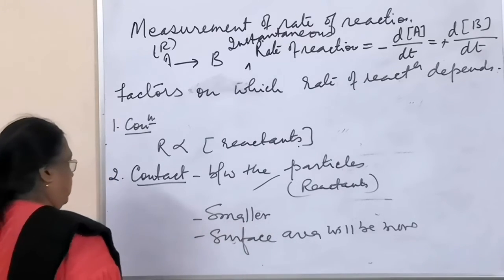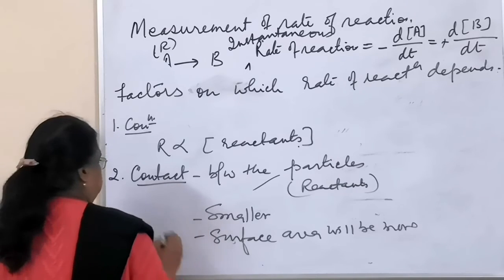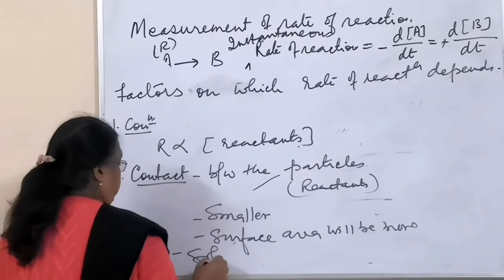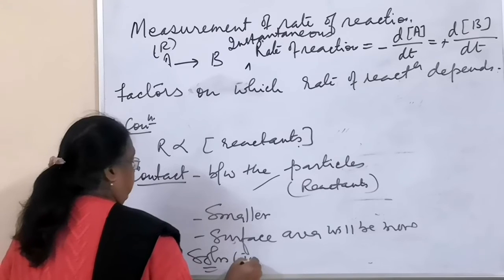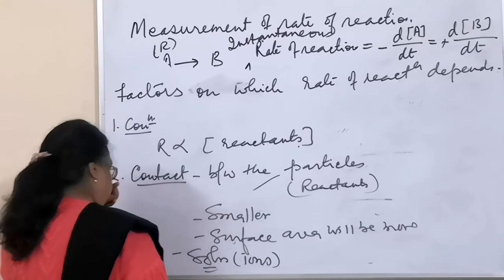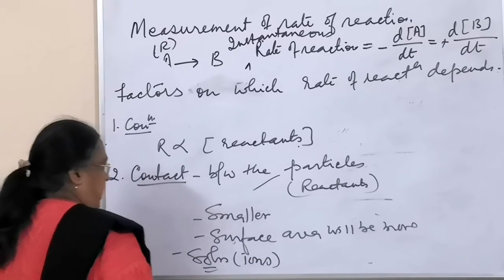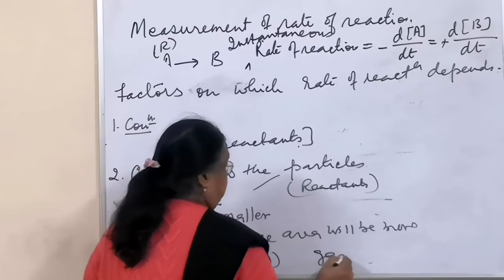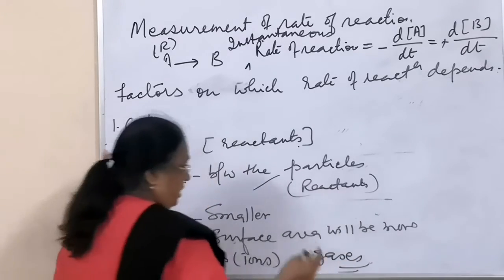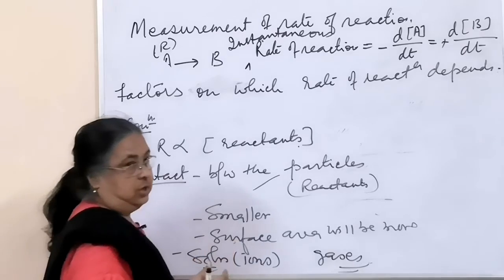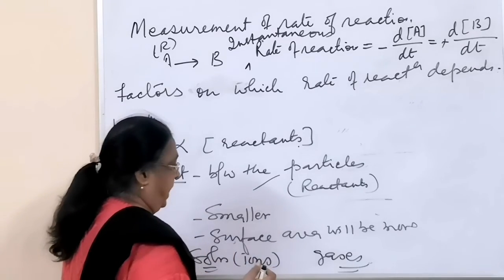So smaller size. If they exist in solution form, then ions will be there, so the reaction will be fast. If they are in the gaseous state, they will still come in contact because gaseous molecules are not so dense and compact.